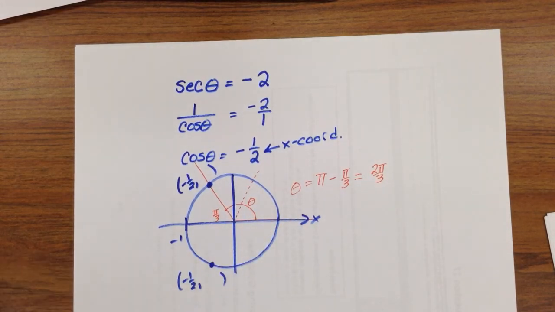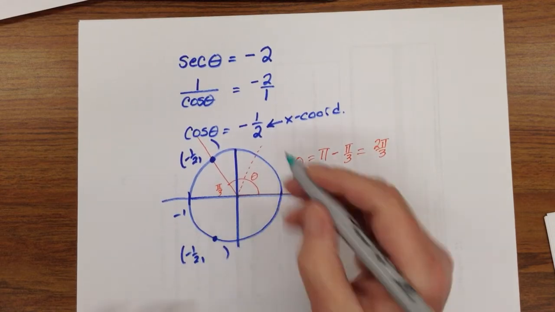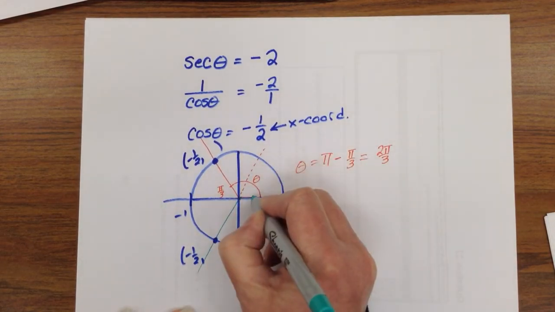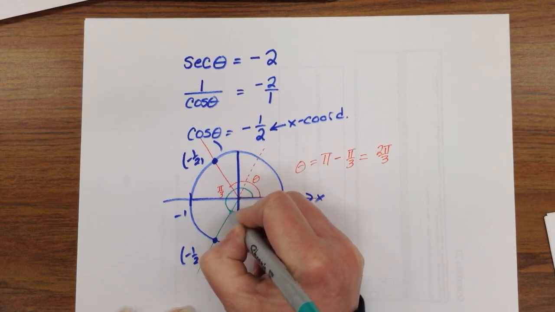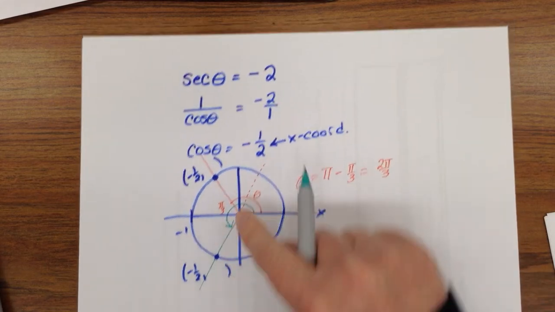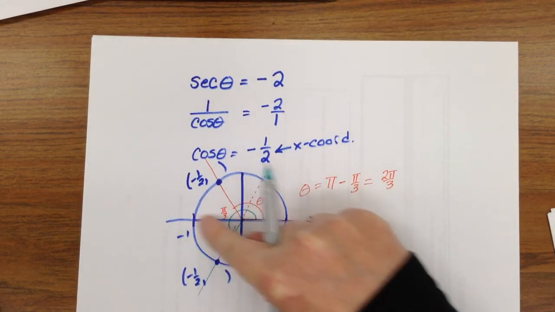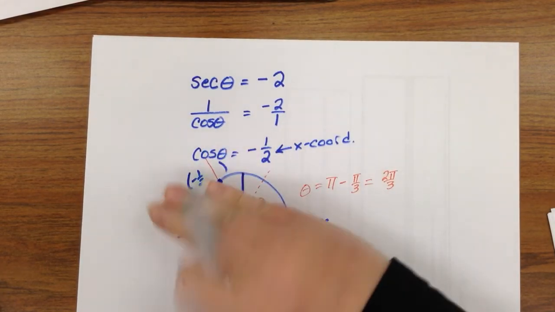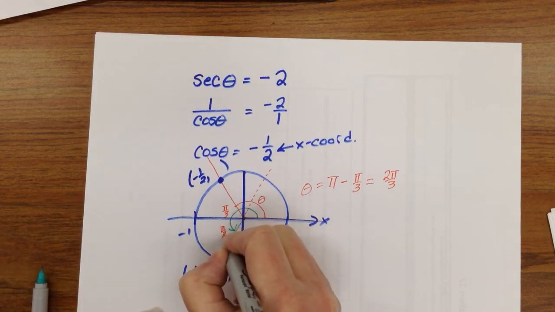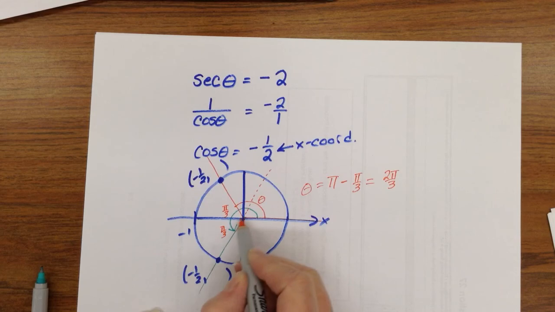There's another dot, which means connect it up. There is another angle. Now what? Again, symmetry. If this angle is pi/3, reflecting it, this angle is pi/3 down here.